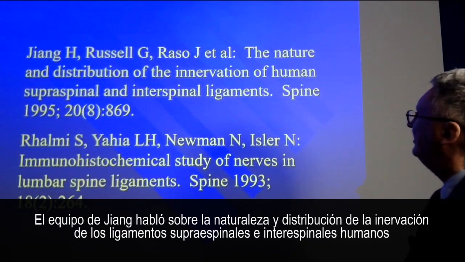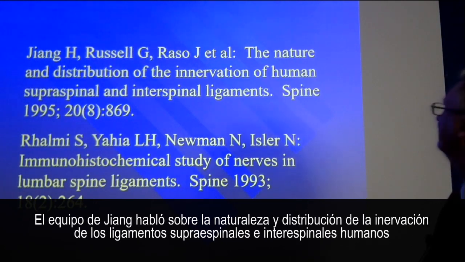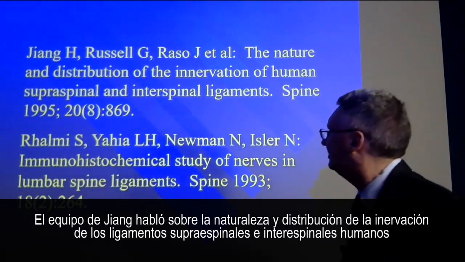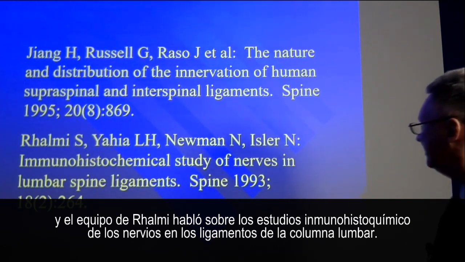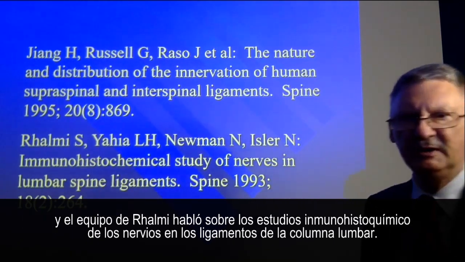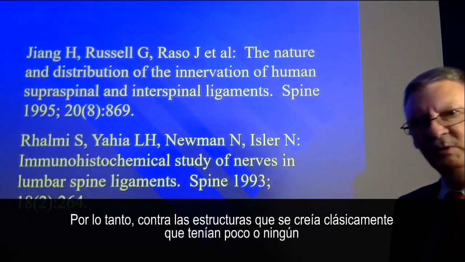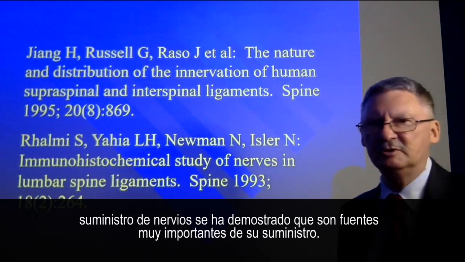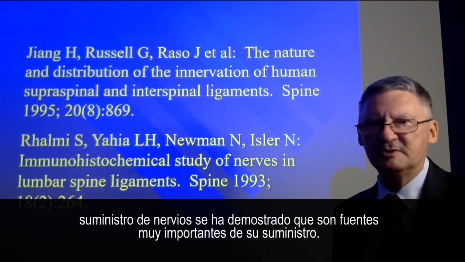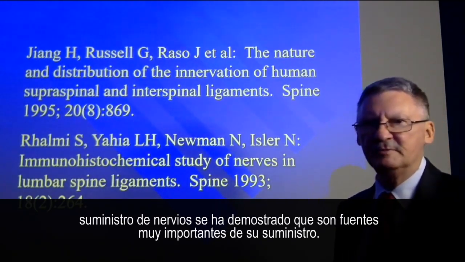Zhang's team talked about the nature and distribution of innervation of human supraspinal and interspinal ligaments, and Ralmi's team talked about immunohistochemical studies of nerves in lumbar spine ligaments. So again, structures that were classically thought to have little or no nerve supply have been shown to be very important sources of nerve supply.